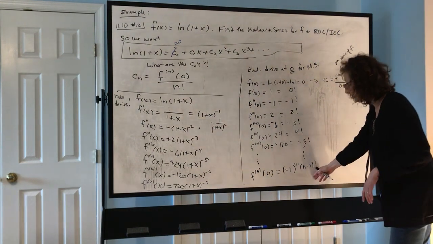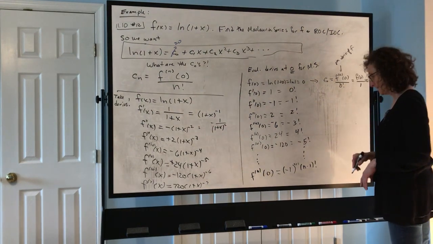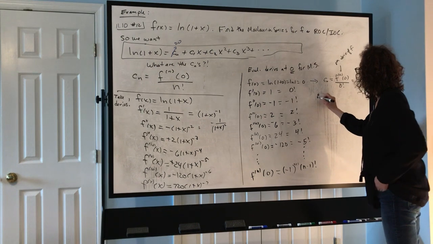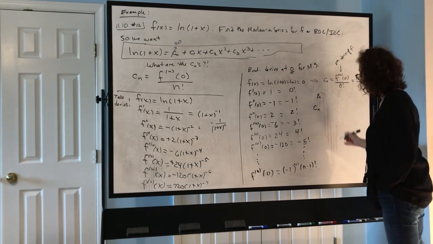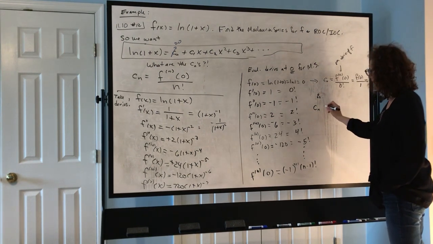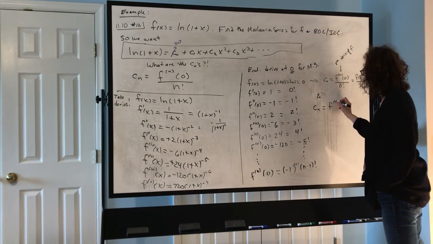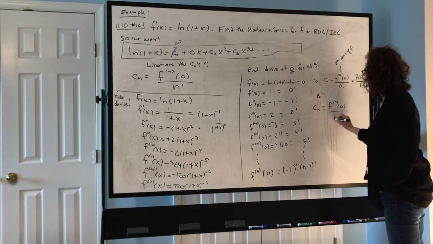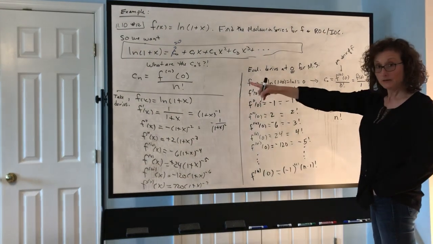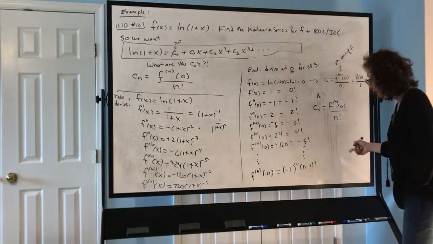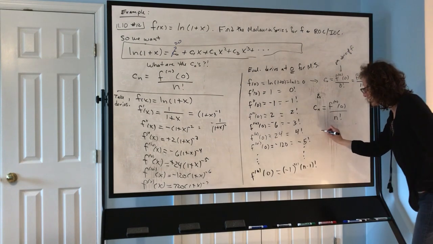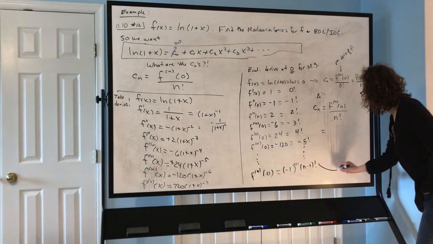We now have our general formula for our fn's, right? And therefore, we can write down our general formula for our cn's. Cn is just the nth derivative at 0 divided by n factorial, for our Maclaurin series. What did we just discover that is? We're going to plug this in up here.